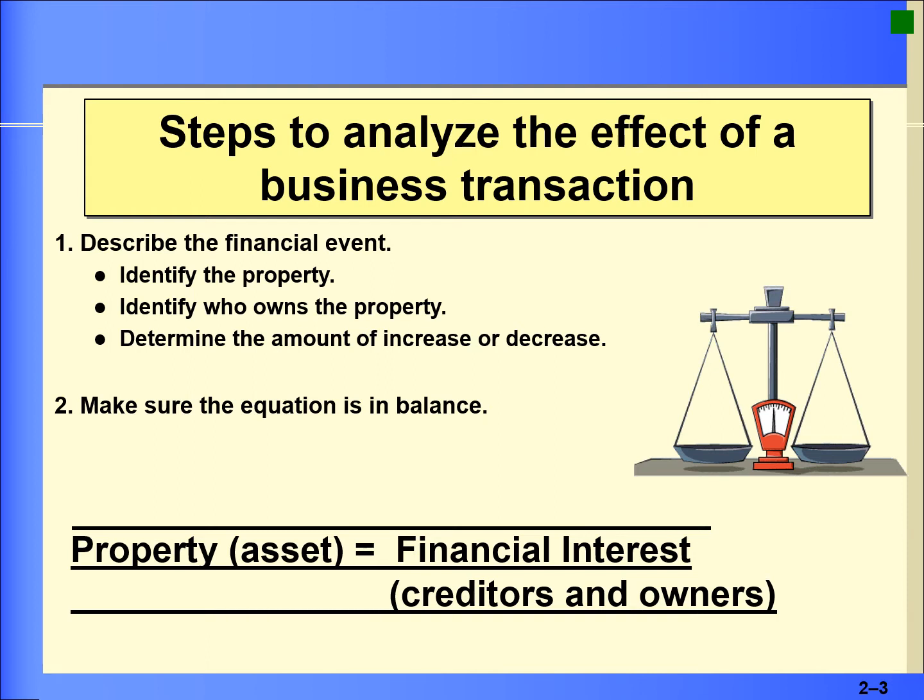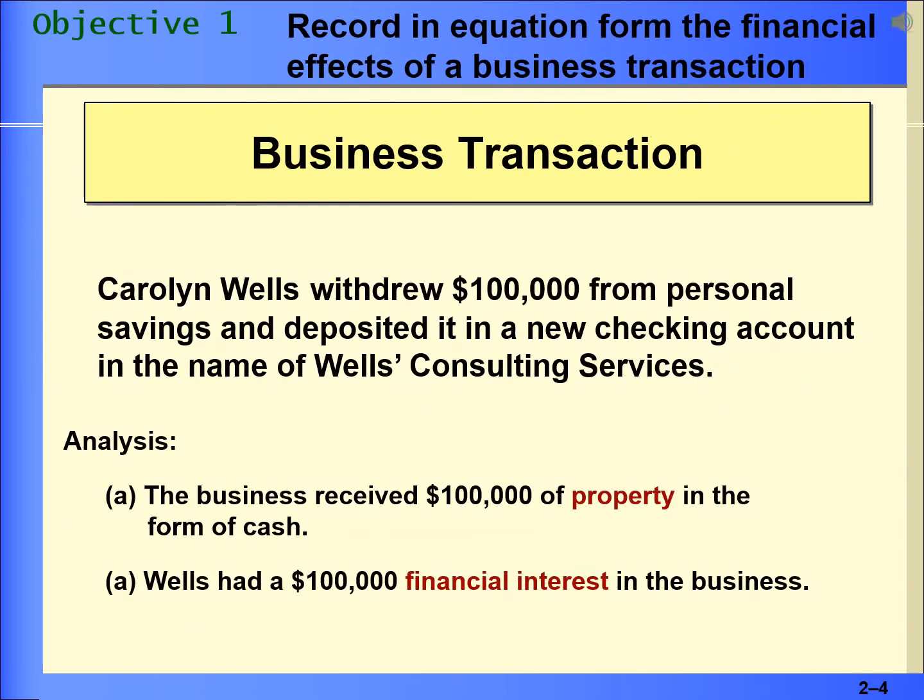But just keep a heads up and think about, is it an event? Is it going to have some sort of outcome or effect on the financial statements? And then, of course, very important is the equation, which we'll show you very shortly. We're going to call it the accounting equation, and it always has to be in balance. You're going to find that as well. That's got to be true.